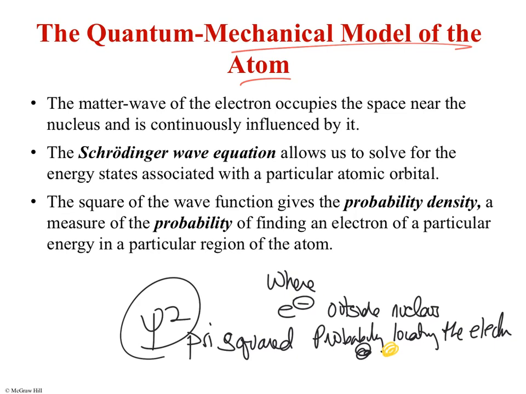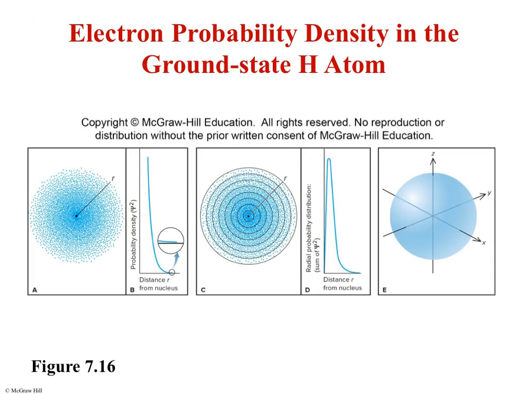So it's impossible to know the location and momentum at the same time. So it's just a probability. I think you can approach like 90% probability of where you're going to find an electron. And this is called the Schrodinger wave equation. You're not going to go through that. If you do take quantum, then you get to do a little bit of that. And so all we have is the probability.